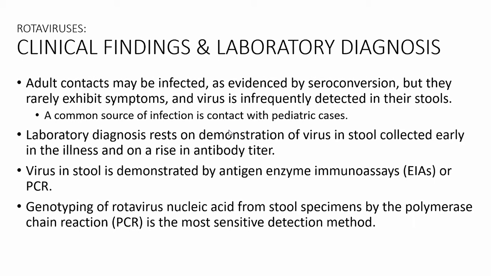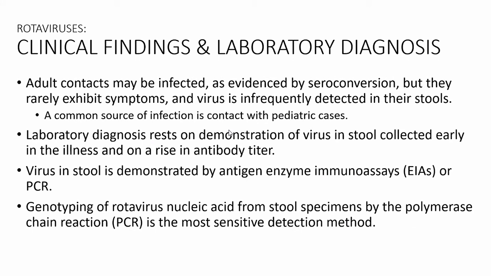Laboratory diagnosis rests on demonstration of virus in stool collected early in the illness and on a rise of antibody titer. By the way, as I mentioned, the common source of infection is pediatric cases, but epidemics of severe disease can also occur in adults, especially in a closed population, like in a home for the aged or in the geriatric ward.